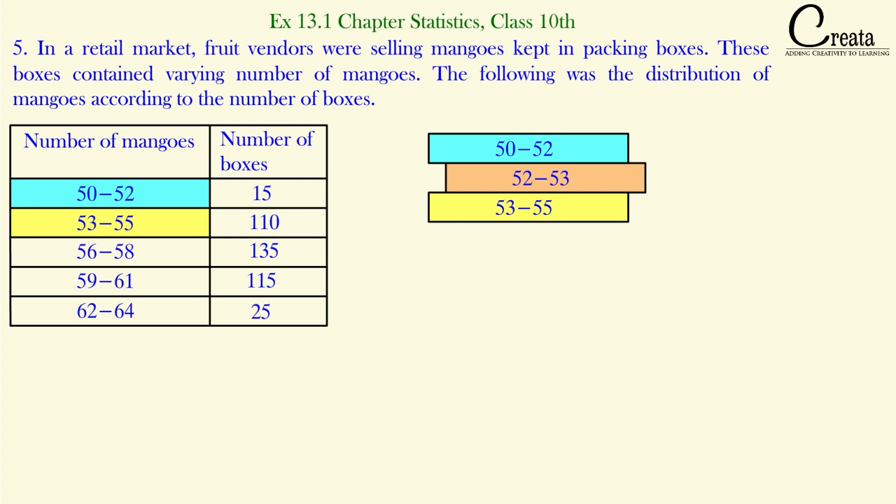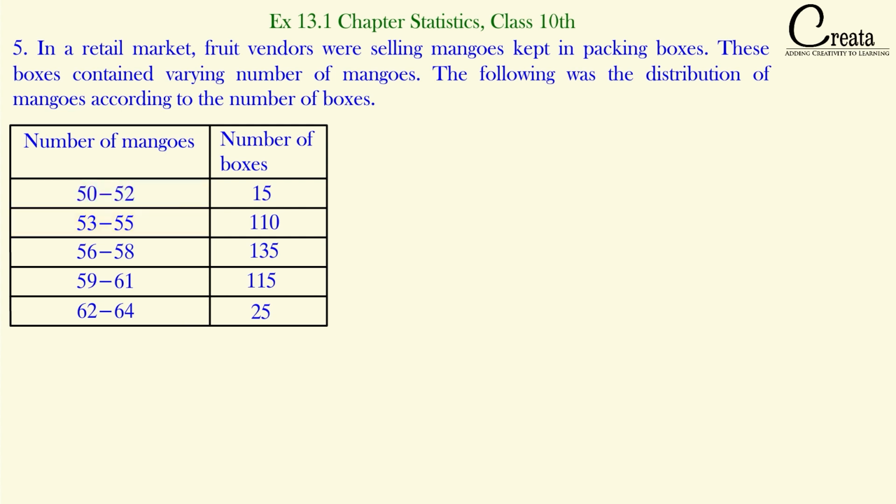The same concept we have covered in the theory part. So here if you observe, 50 to 52 is given and 52 to 53 is missing. Similarly from 55 to 56 it is missing, 58 to 59 it is missing, and from 61 to 62 it is missing. Let's try to understand this on a number line.